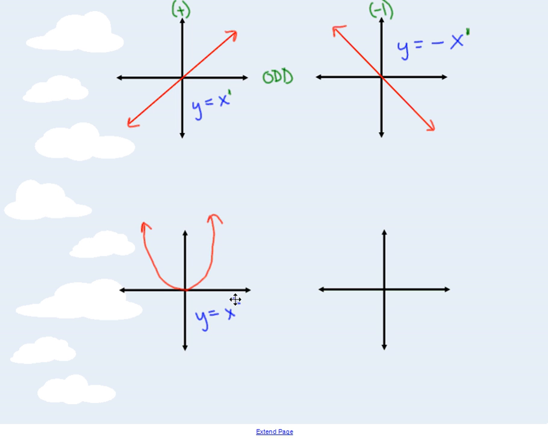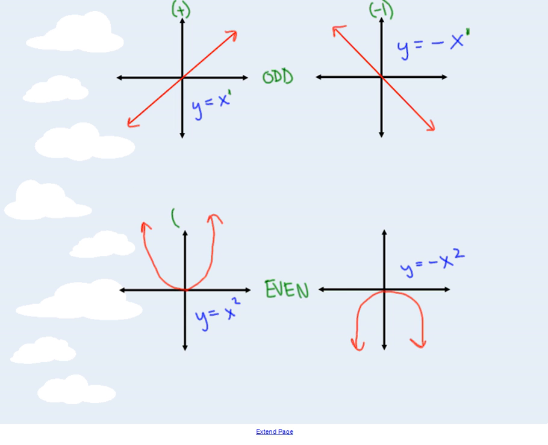So here our exponent is an even number. If I were to make it y equals negative x squared, then it would just be a mirror image of that. So that would go this way. So this one would be y equals negative x squared. So these two are examples of even.